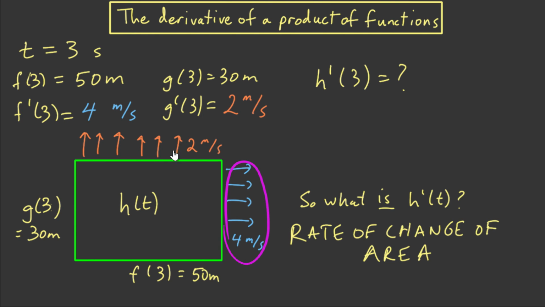Similarly, we're moving the top edge up at this 2 meters per second, and so we're going to be gaining some area on the top as that edge moves. And so we've got some questions for you to try to quantify just how fast area is being added to this picture. So take a moment and think through those, and then we'll come back and wrap everything up.